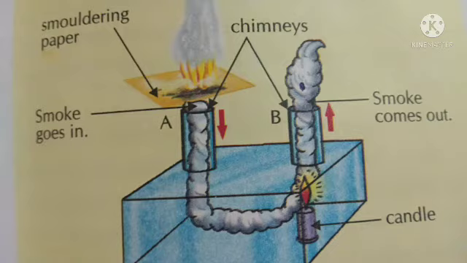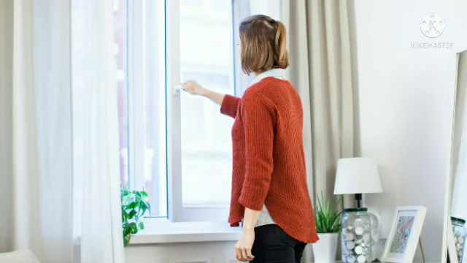Now we can discuss the practical applications of convection currents. The first one is ventilation. In your home, different rooms have ventilators and an exhaust fan near the top of the side walls.